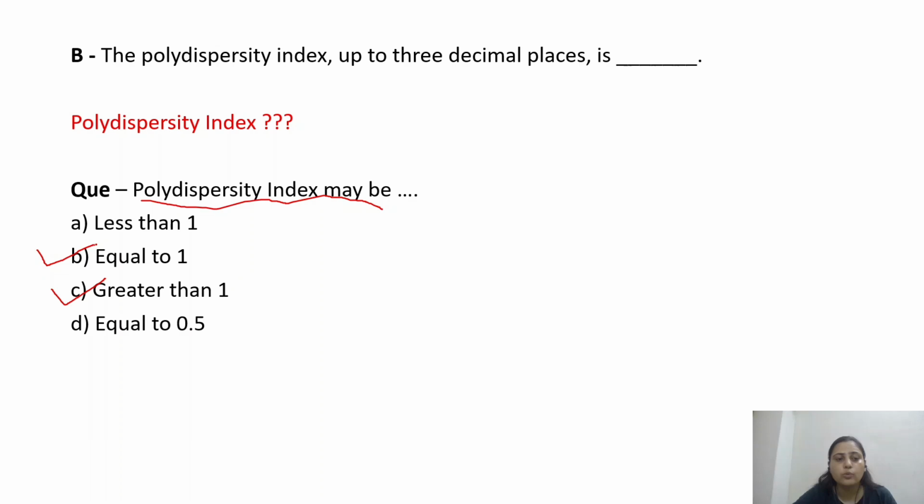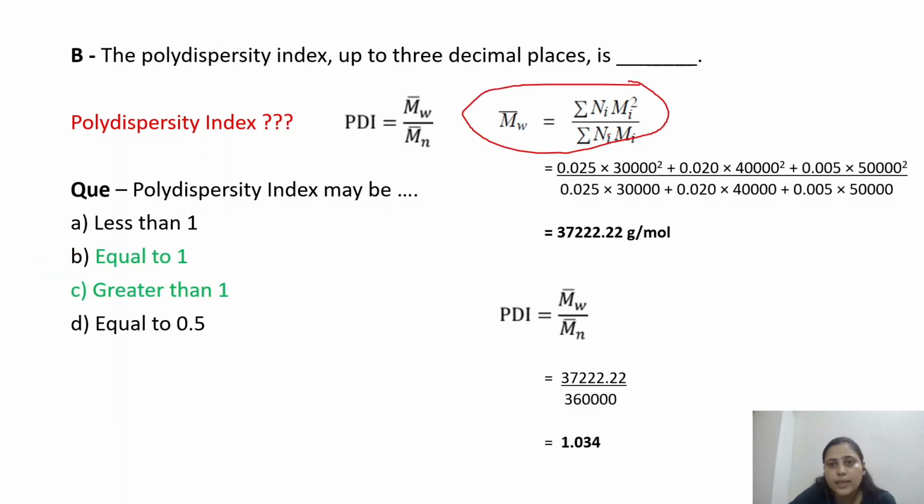summation of Ni Mi. So here we know the Ni value for chain X, which is 0.025, into molecular weight square, which is 30,000 square, plus next is 0.020 moles of chain Y into 40,000 square, which is chain Y molar mass, plus chain Z, 0.005 moles into its molar mass square, which is 50,000 square, divided by summation of NiMi, which is its moles into its molar mass.